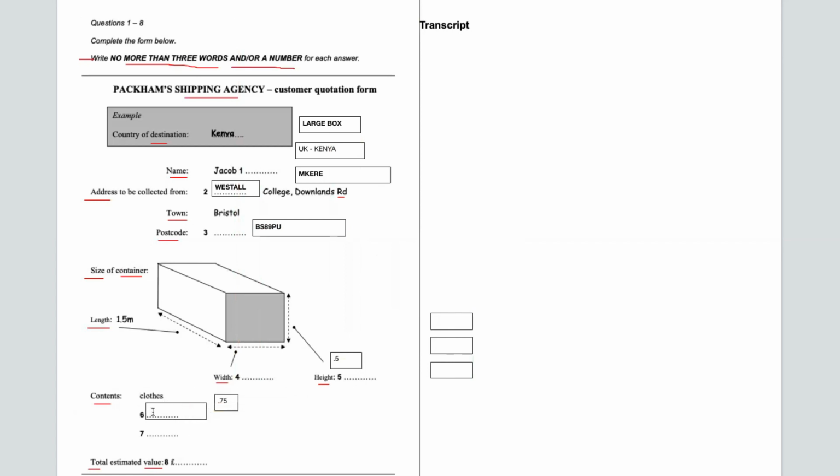Yes, there's mostly clothes. Okay. And there's some books. Okay, good. Anything else? Yes, there's also some toys. Okay, and what is the total value, do you think, of the contents? Well, the main costs are the clothes and the books. They'll be about £1,500. But then the toys are about another 200. So I'd put down £1,700.